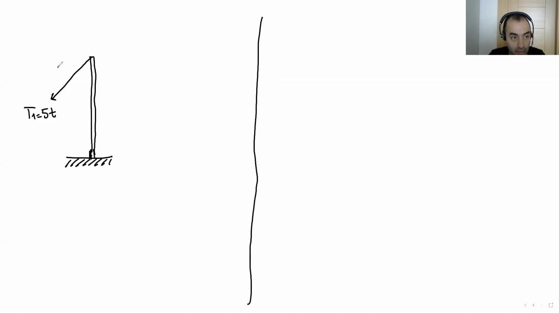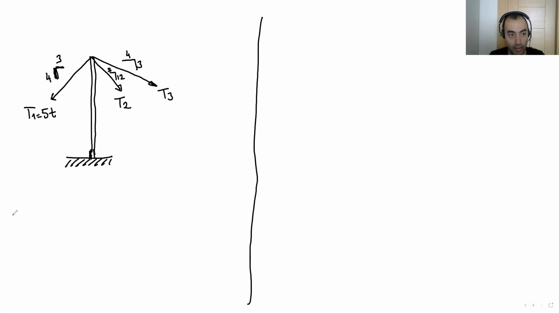Then the other one, and T3, this is T2. And here 4, 5, 12.